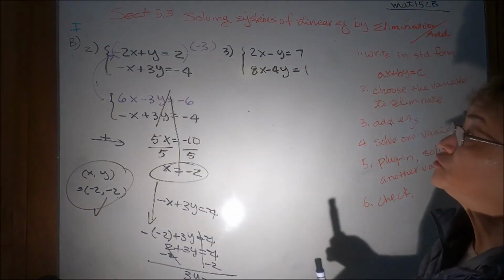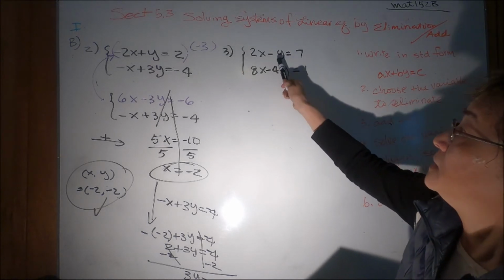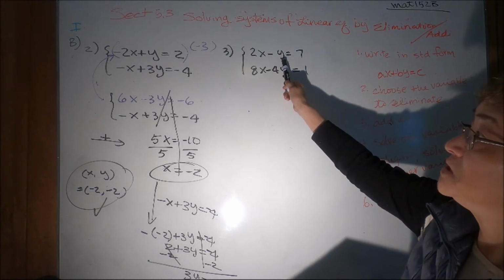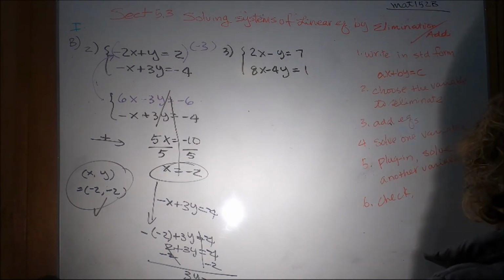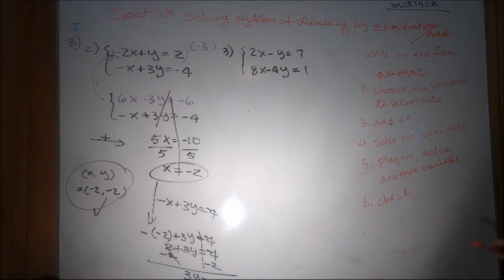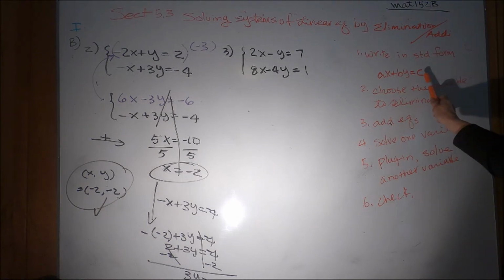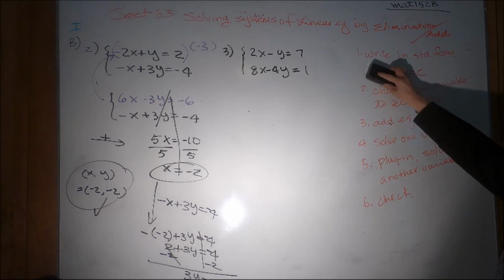If by substitution, you will get a y by itself right there, right? It looks easier. But now we are doing what? Elimination method. So then first you write it in standard form. Yes, we did write it in standard form, right?